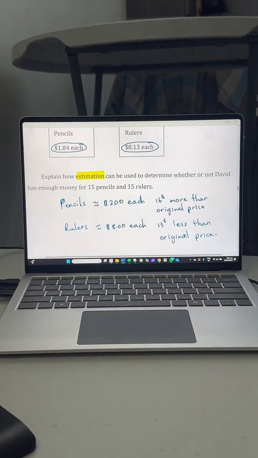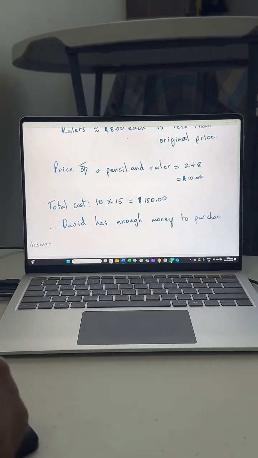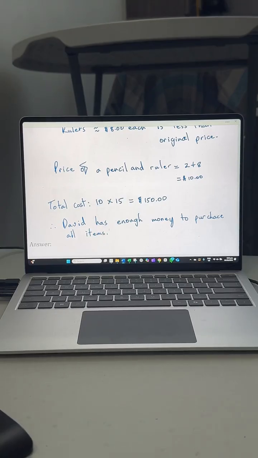So therefore, using my estimation, David has enough money to purchase all items. You got it? Right, very good. Right, everybody got there?